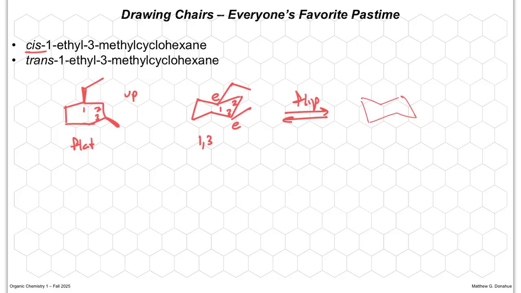So this becomes carbon 1, that's 2, and then that's 3. And we know that when we do a chair flip, equatorial goes to axial and axial goes to equatorial. So now we're just going to make those things axial.